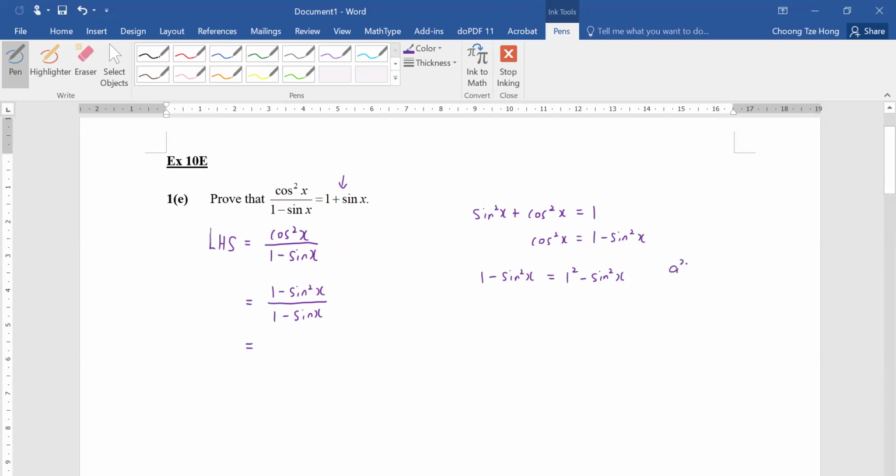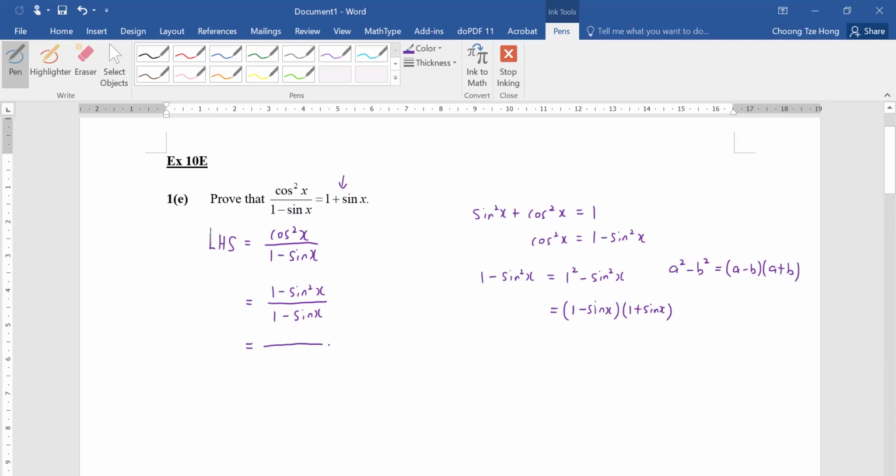You must be very aware of this special product: a square minus b square can be factorized to a minus b times a plus b. This means that 1 minus sine square x can be factorized to 1 minus sine x times 1 plus sine x. So now we can replace the numerator with the factorized form.